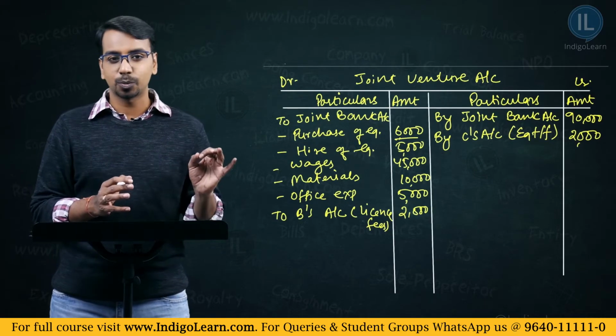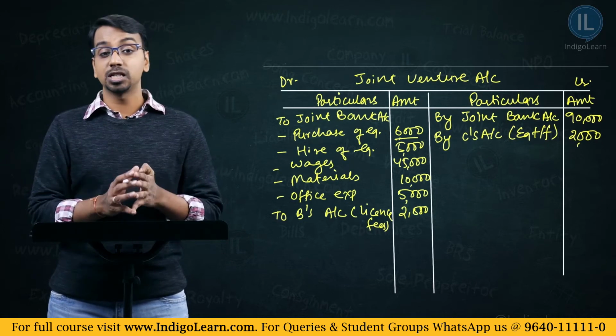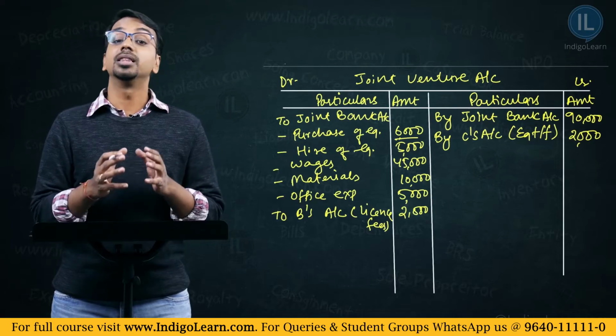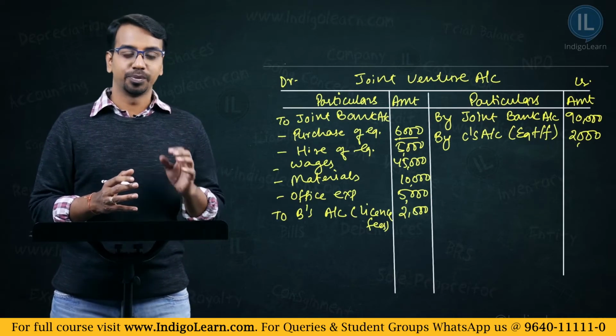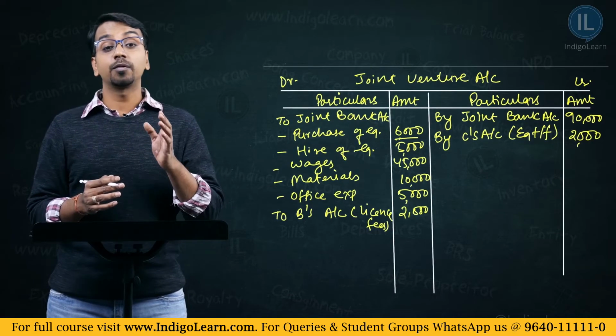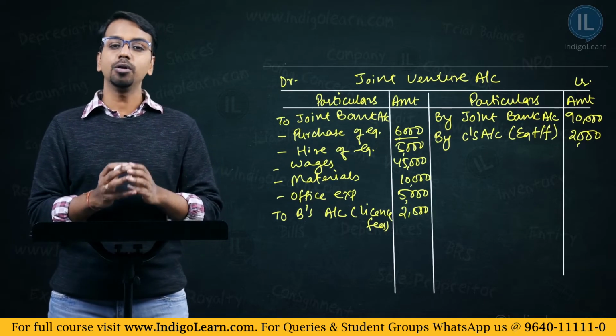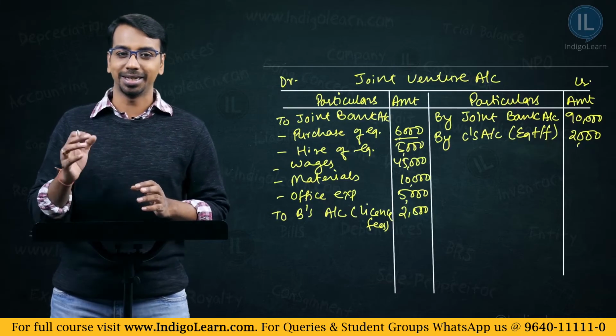And what happens to this profit? This profit will be transferred to B's account and C's account. In which ratio? In their profit sharing ratio. So 2/5 of 19,000 will go to B, 3/5 of 19,000 will go to C. So let us pass that entry.